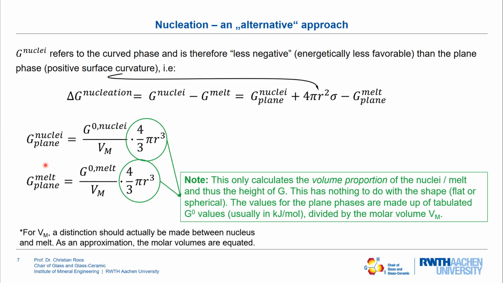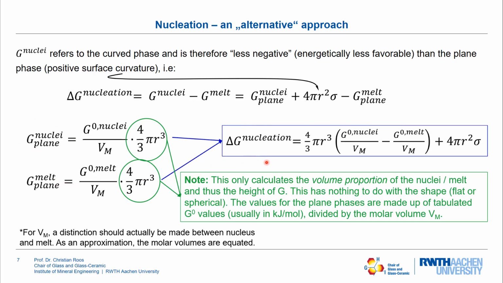Now, having these first not shape-related volumes and free enthalpies of the nuclei and of the melt, you can combine these and then add, as I said, the penalty for the curved face of the nuclei. And this comes to this relation here.